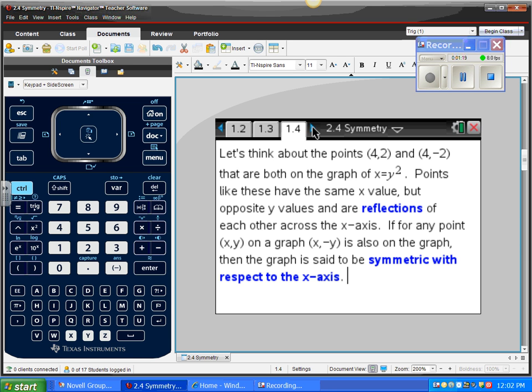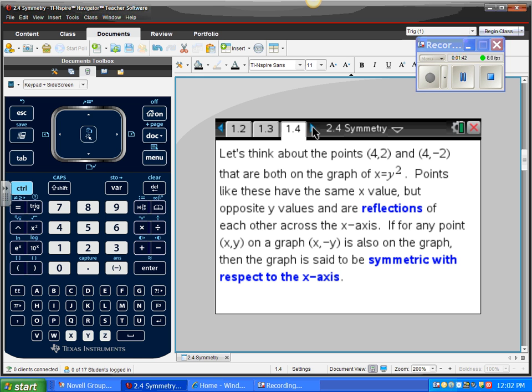So let's think about the points (4, 2) and (4, -2). Both of these points lie on the graph of x = y². Points like these have the same x value, but opposite y values, and we call them reflections, okay? This shows a reflection over or across the x-axis. So we come up with this general rule.